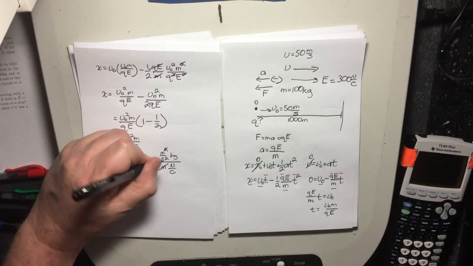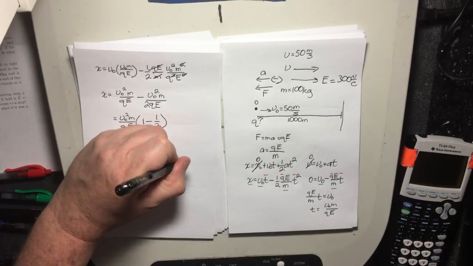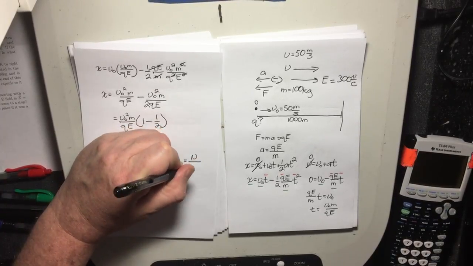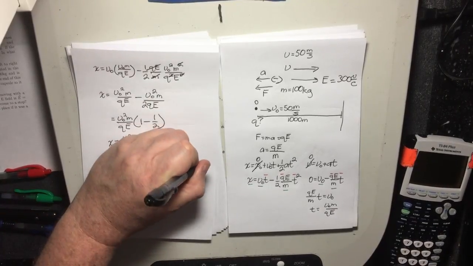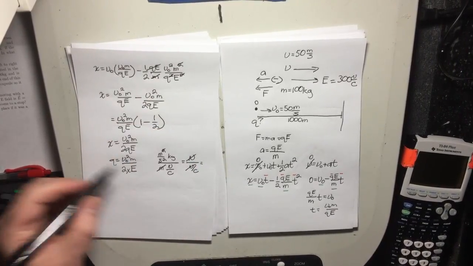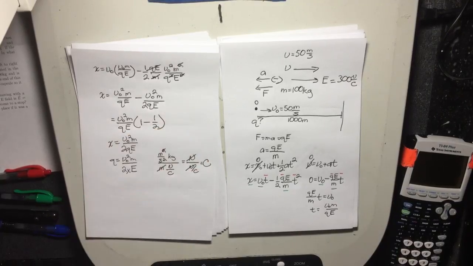We have meter per second squared times kilogram. That is a newton. Newtons cancel. Coulomb, which is in the denominator of the denominator, pops up. Coulombs is the numerator's units. Problem solved.